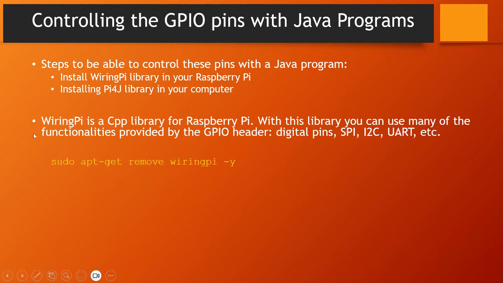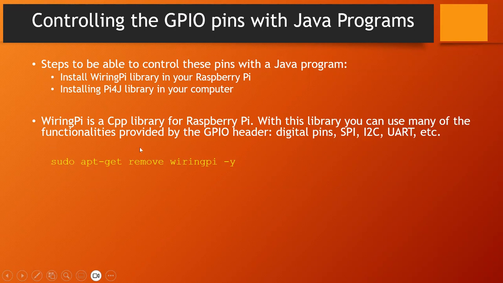For you to do that, the first thing you need to do is, I'm placing the commands here. If you try to do it a second time, you need to clean up the directory first. I know that I tried to clean it up, and it's possible. There is nothing wrong here, but I don't want to go through the hassle again. But first, you need to remove the WiringPi that you might have in your Raspberry Pi.